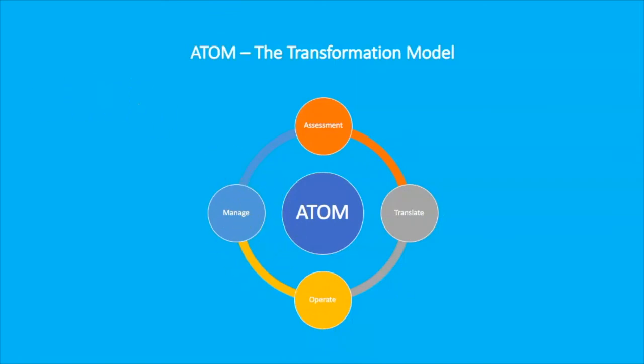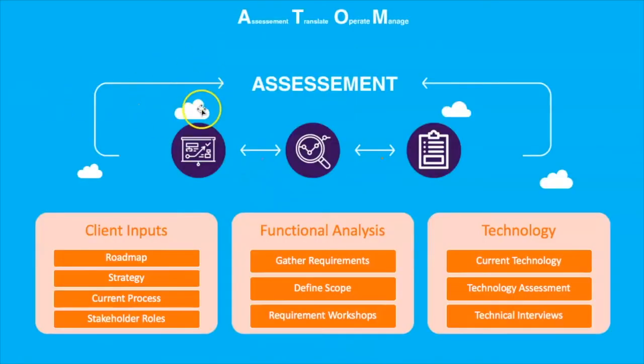Now, what does this mean? Basically, the first phase is the assessment phase, where we have the client inputs: what is the marketing technology roadmap, what is the strategy, what are the current processes, and who are the stakeholders and what are their roles. After gathering this information, the requirement gathering is done and the scope is defined.